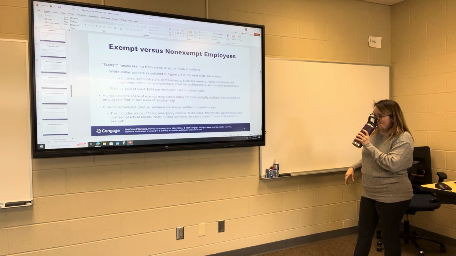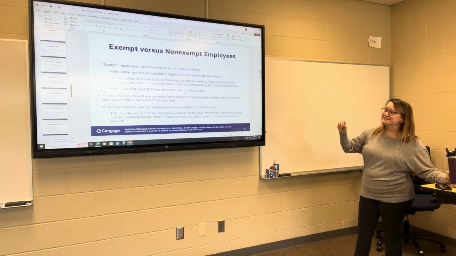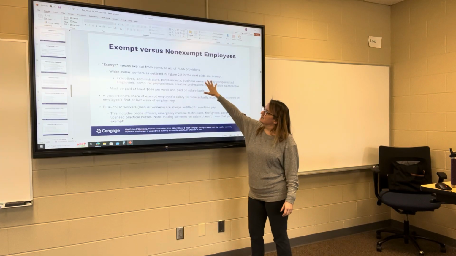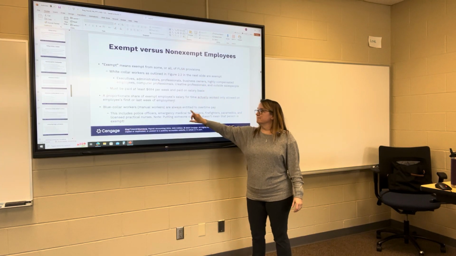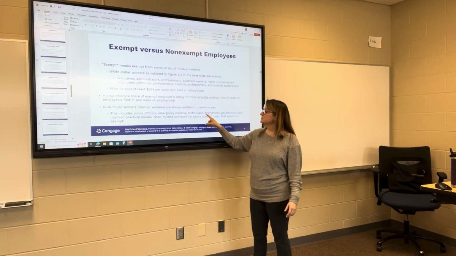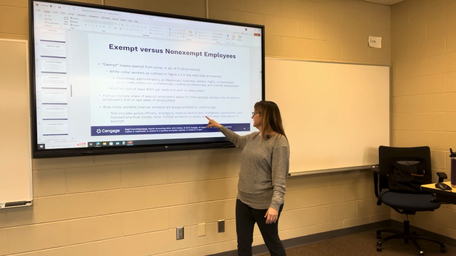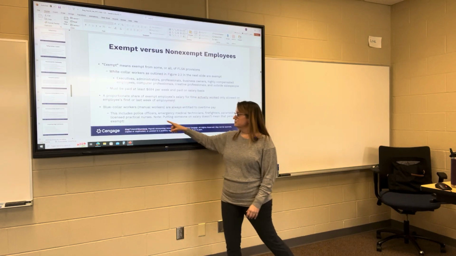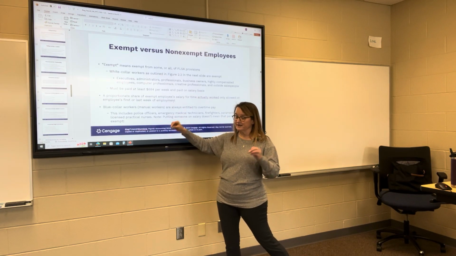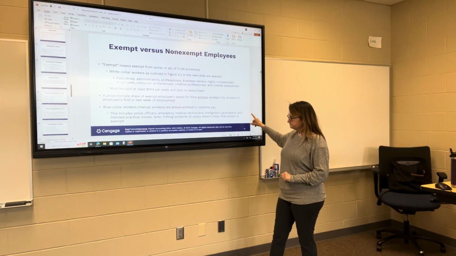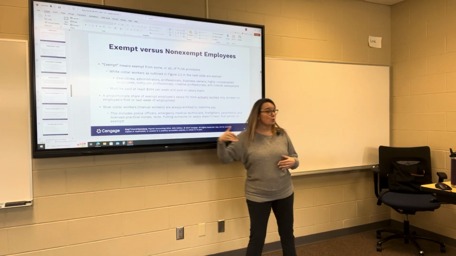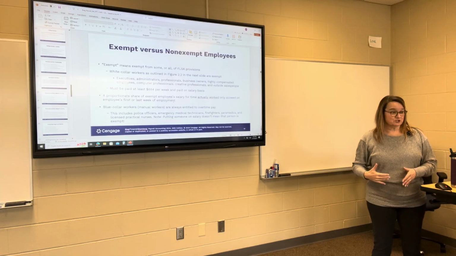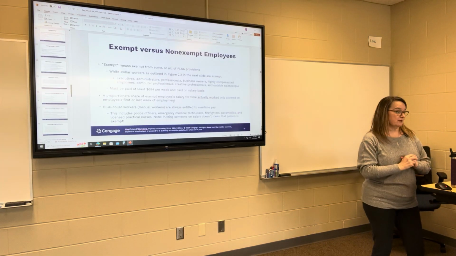Also, there are specific classifications of workers where they might fit into one of these categories, but they're specifically exempted. So police officers, emergency medical technicians, firefighters, paramedics, licensed practical nurses, not RNs, but LPNs, these individuals would be entitled to overtime pay in their positions, even though they might fit under one of those other classifications.